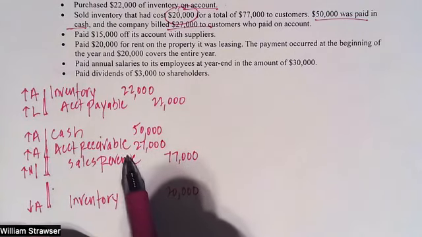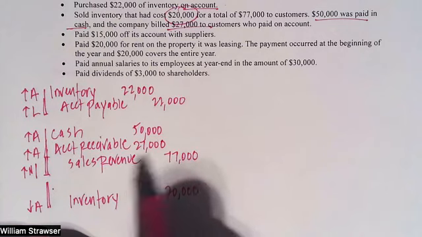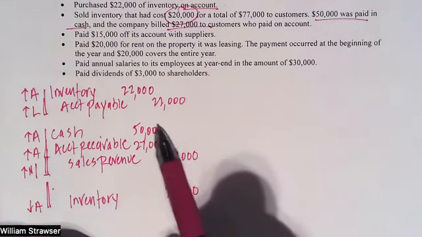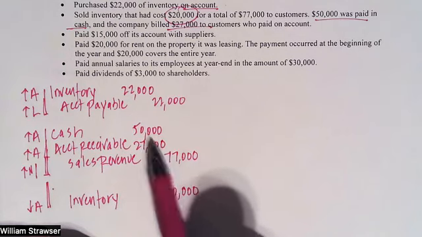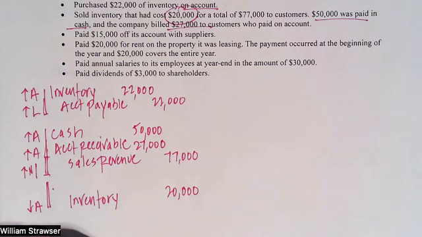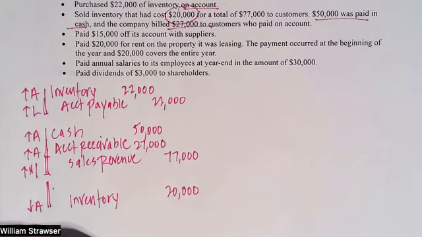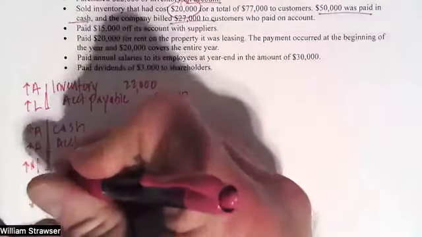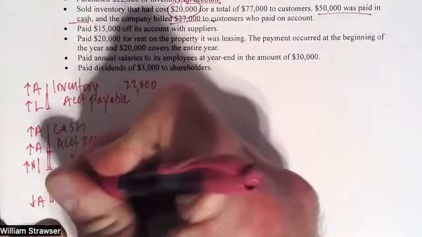I might have more than one debit and just one credit, or vice versa, or multiple debits and multiple credits, but all the debits that I make in a single entry have to equal all the credits I make. But you're super close because it's the 20,000 that was the cost of goods sold.